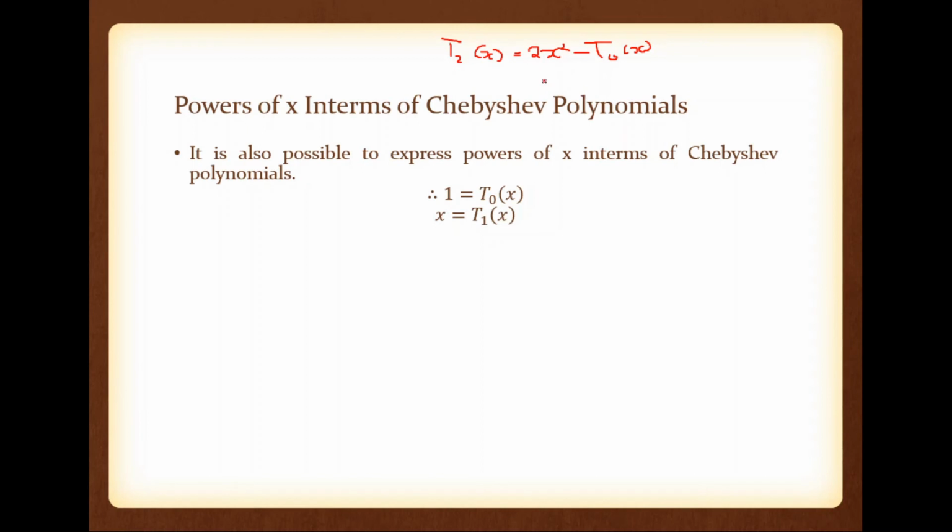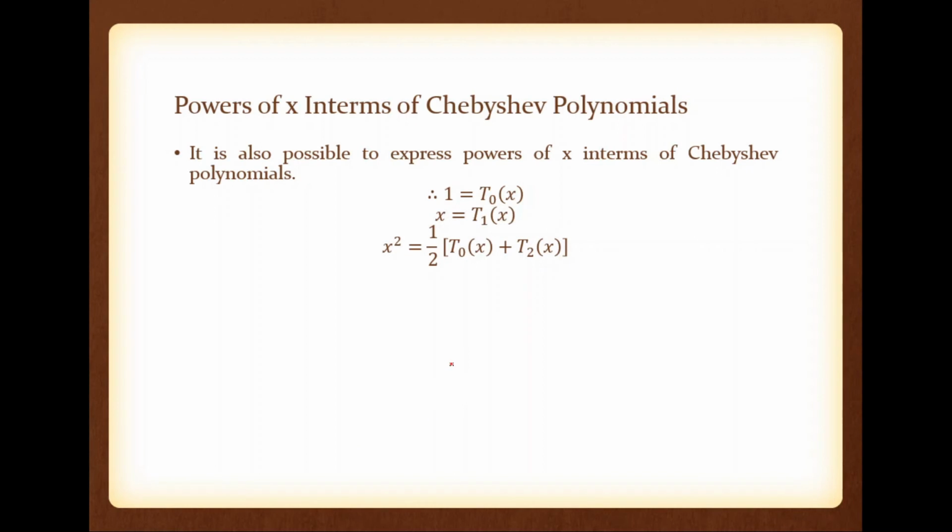So what about x square? T0 of x plus T2 of x divided by 2. So x square is equal to 1 by 2 into T0 of x plus T2 of x.